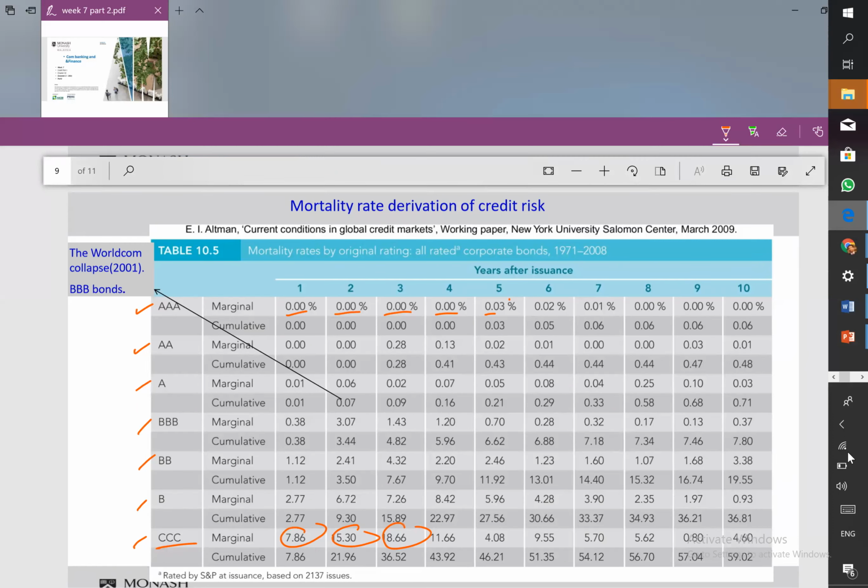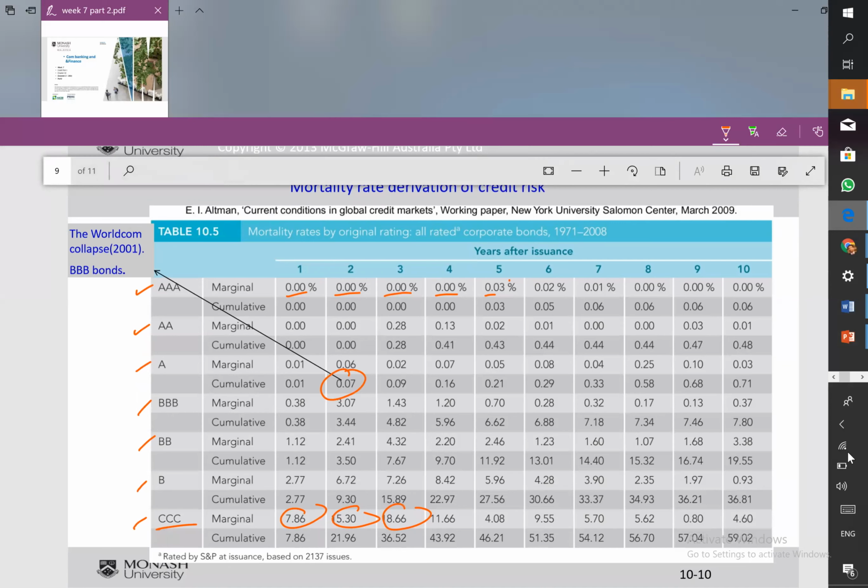One other thing, there was some information here. This was related to the defaulting of WorldCom and Enron. WorldCom, I think they have some bonds there. This is from 1971 to 1981, one of the years where they default.